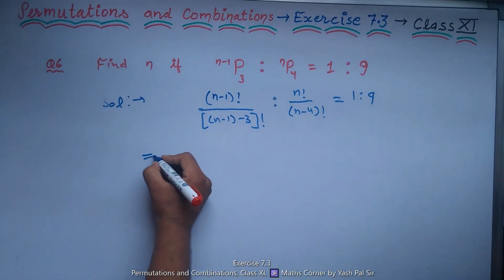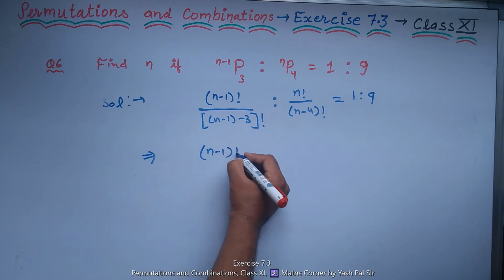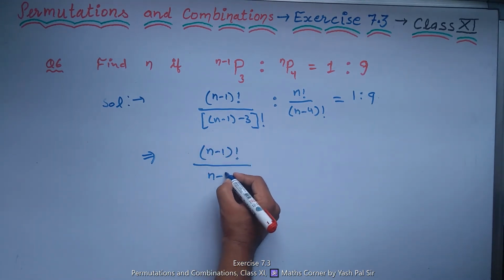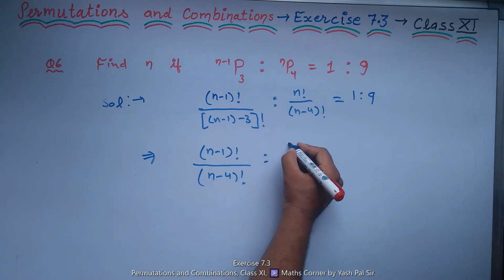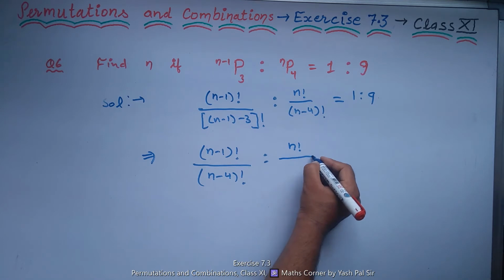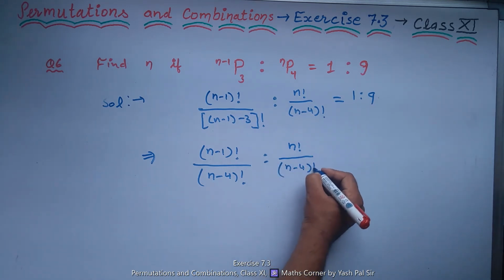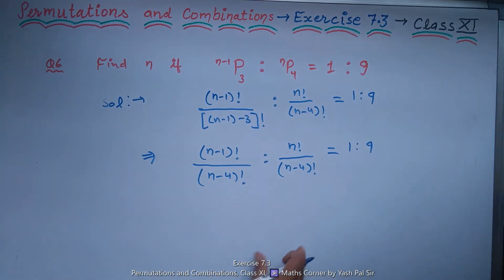So this means (n minus 1) factorial divided by (n minus 4) factorial, ratio n factorial divided by (n minus 4) factorial, is equal to 1 ratio 9.